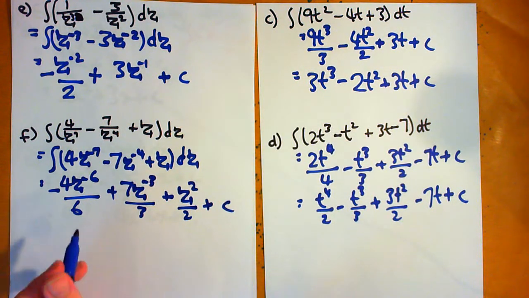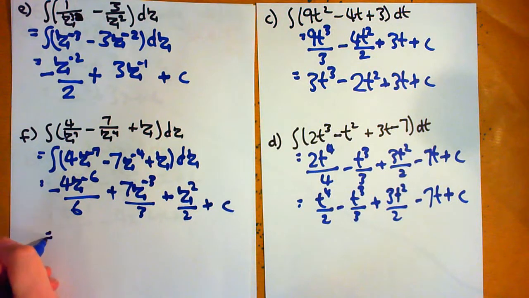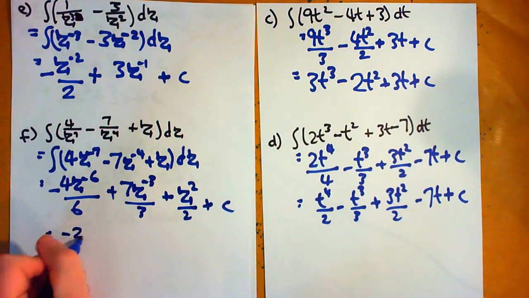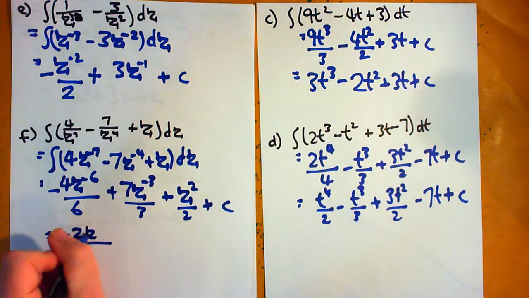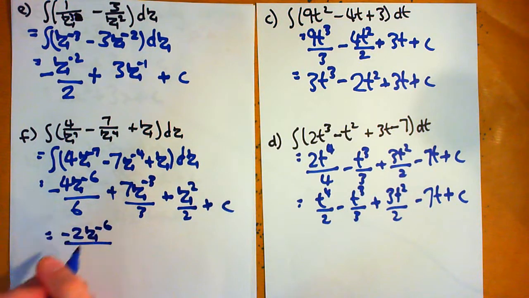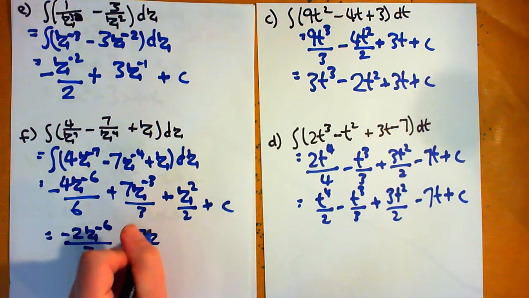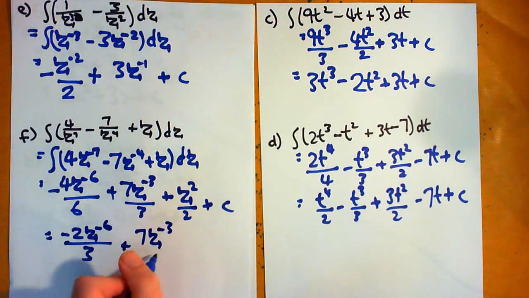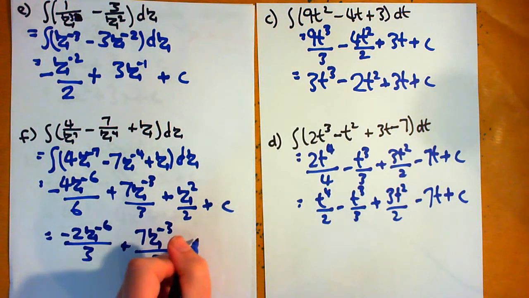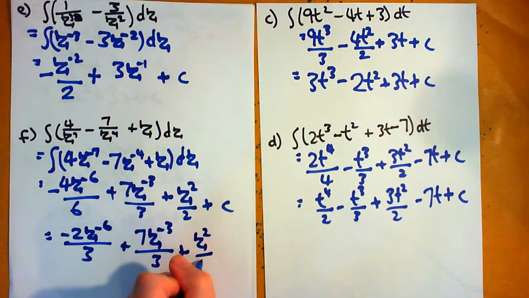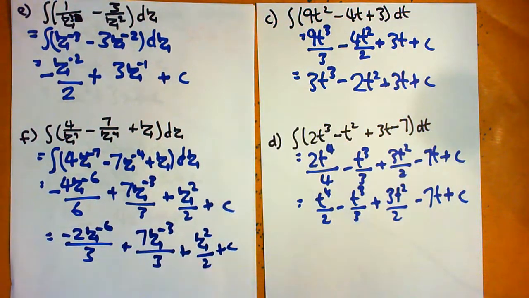And simplify what we can. 4 upon 6, we can certainly simplify. That is 2 over 3. So we've got 2z to the minus 6 over 3 plus 7z to the minus 3 divided by 3 plus z squared upon 2 plus constant.